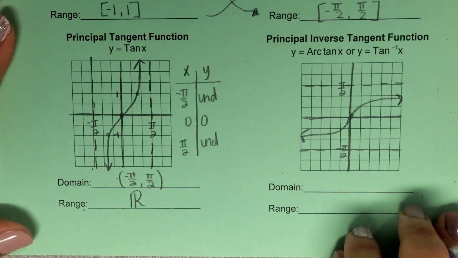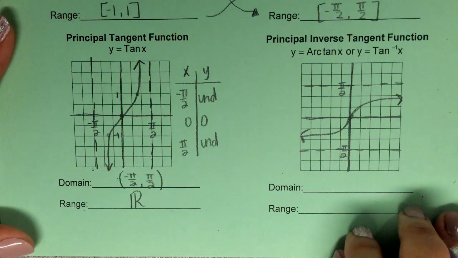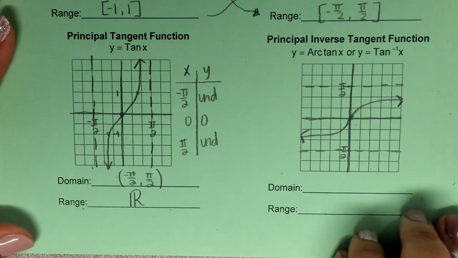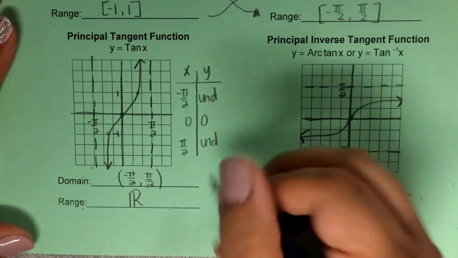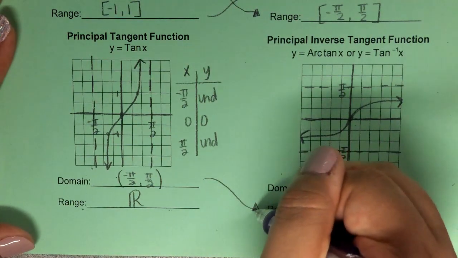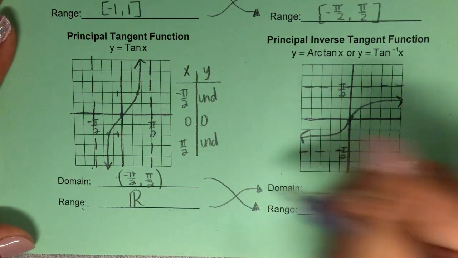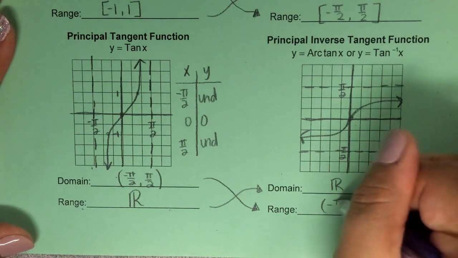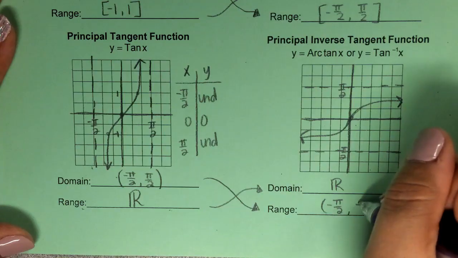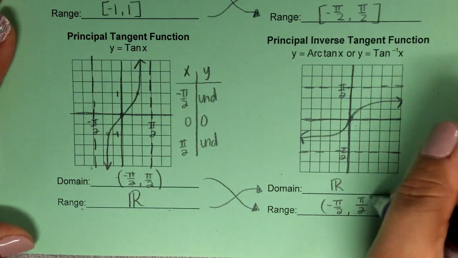Do y'all feel like you'll be able to identify the tangent and the inverse tan, very obvious compared to the other ones? So I'm not too worried about those two. And again, what happens to my domain and range? My domain now becomes all real numbers, and my range is that.